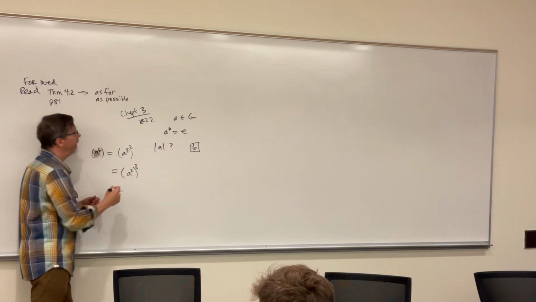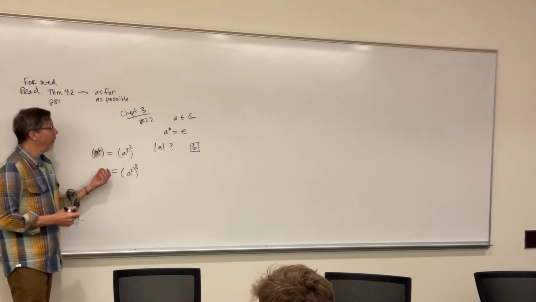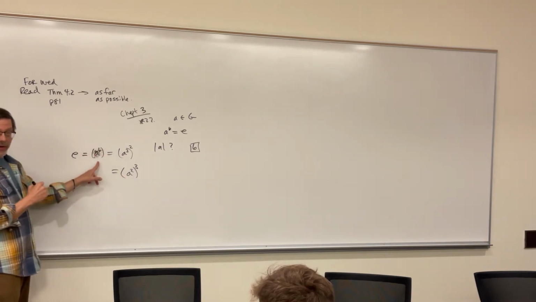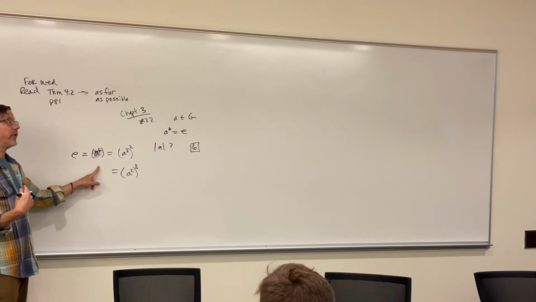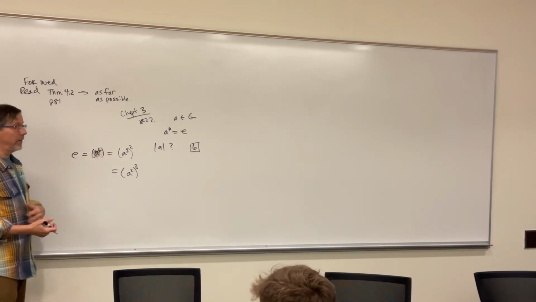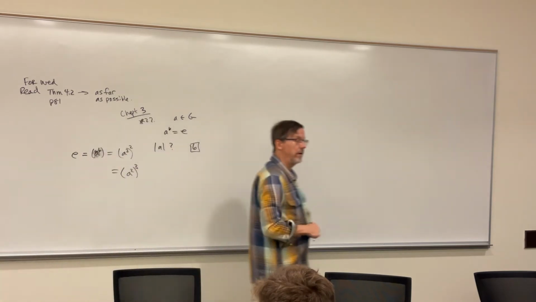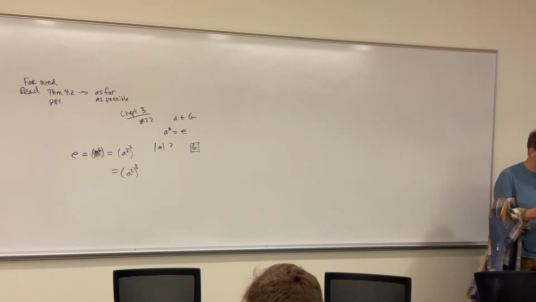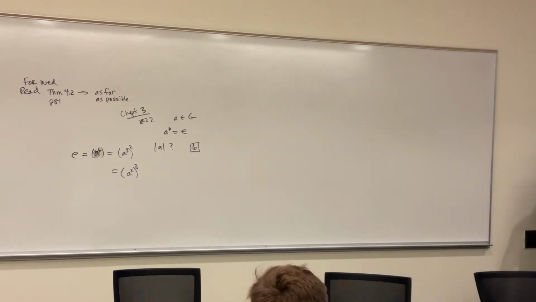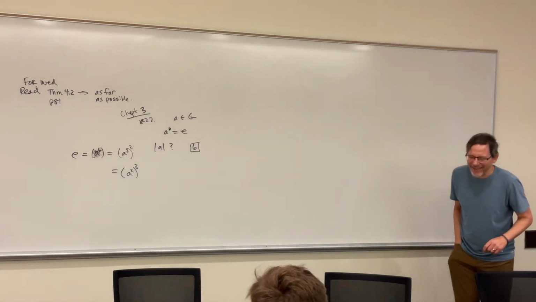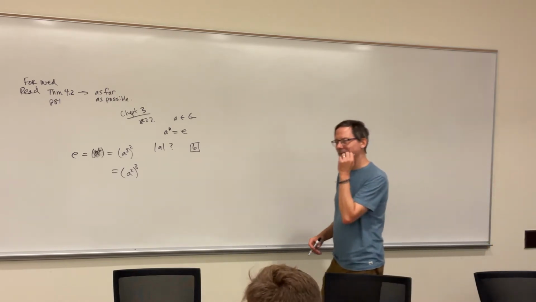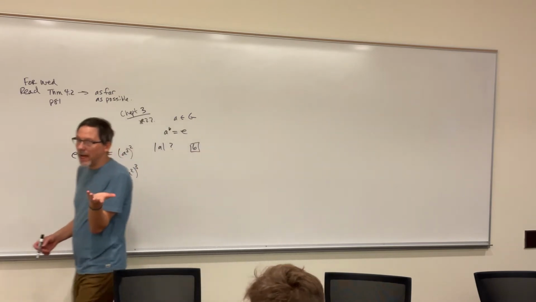So, what are some other possibilities for the order of A? If this thing is equal to E, maybe it's A to the 6th that equals E, but what else could possibly be E? Yeah, that's right.